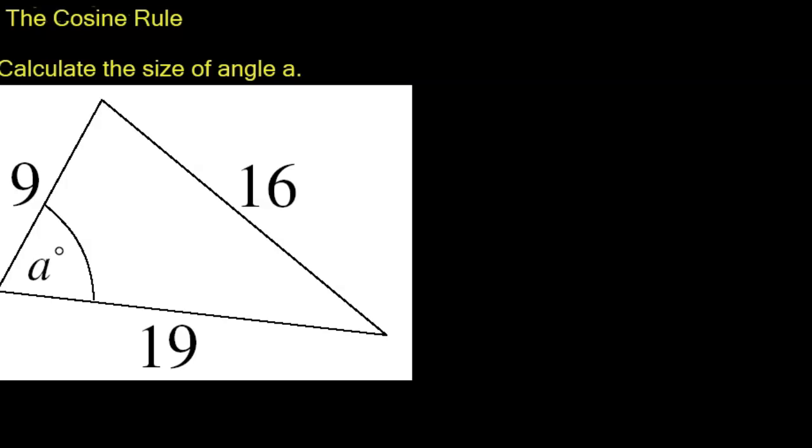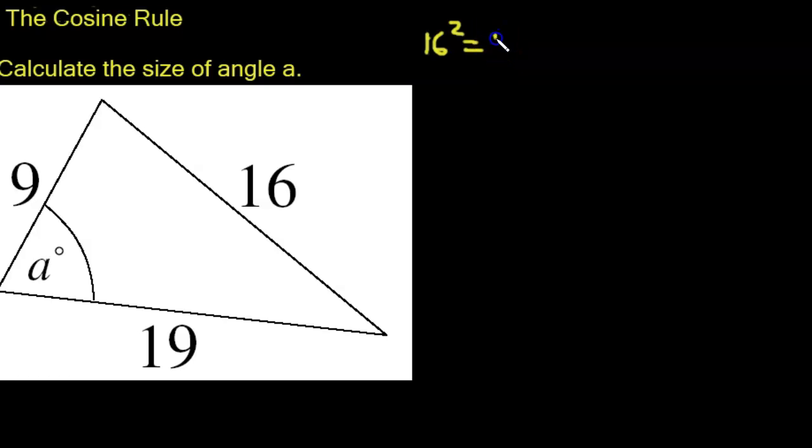Now, what does the cosine rule say? We take one of the sides. Let's take the 16, since it's opposite to the angle we want. So we take 16, and we say 16 squared is equal to the sum of the other two sides squared.